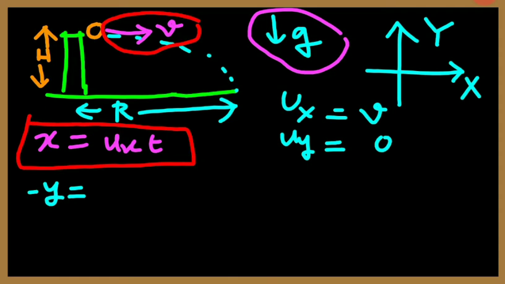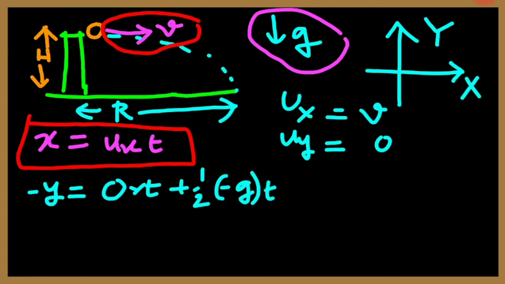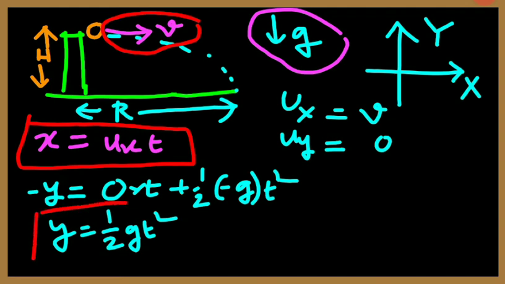Here we have taken the upward direction as the positive y-axis, but displacement is happening in the downward direction, so we'll take the negative y. Minus y is equal to initial velocity 0, uy 0 into t, plus half, again g is in the minus direction, half g t square. So I can write y is equal to half g t square. So we got another expression, y is equal to half g t square.